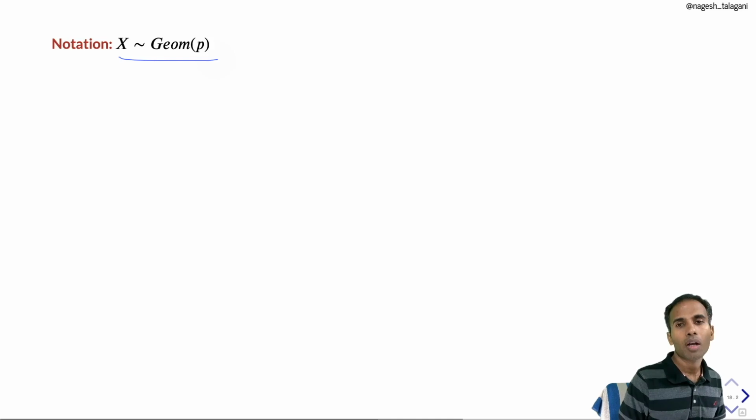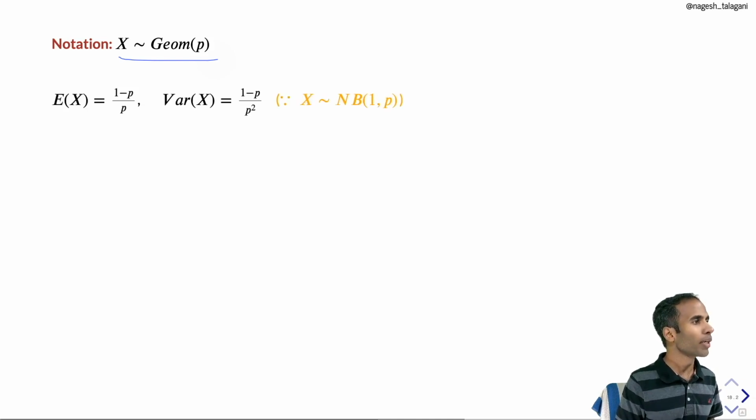Okay. Now, as a negative binomial random variable, we can immediately answer the expectation of X, the variance of X, and the MGF like this. Expectation of X is going to be (1 minus p) by p because actually it is r times (1 minus p) by p, and we are using r equal to 1.